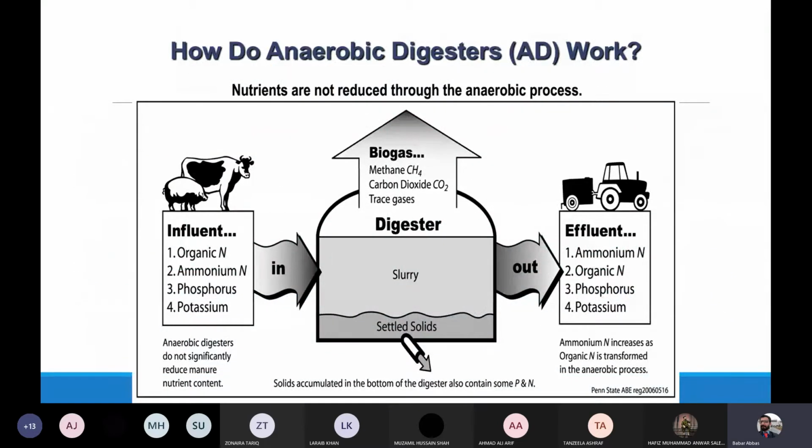This is the basic diagram which is showing the five different processes. The first process is collecting or arranging the influent.